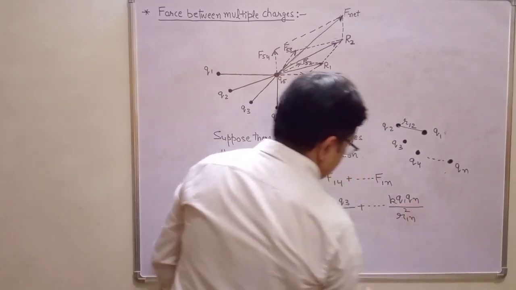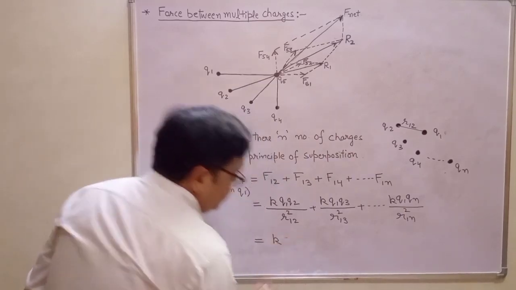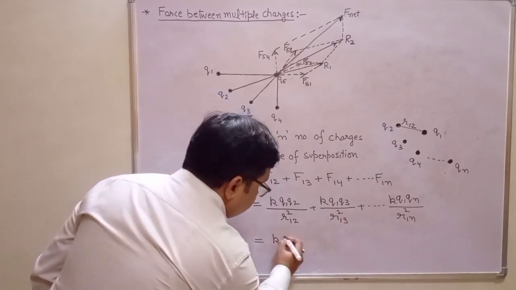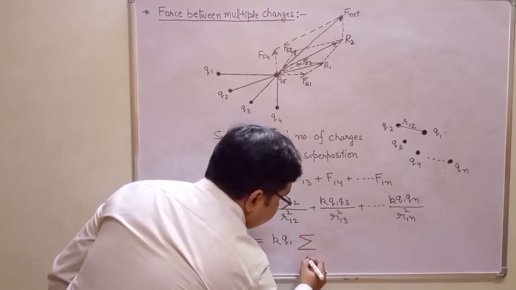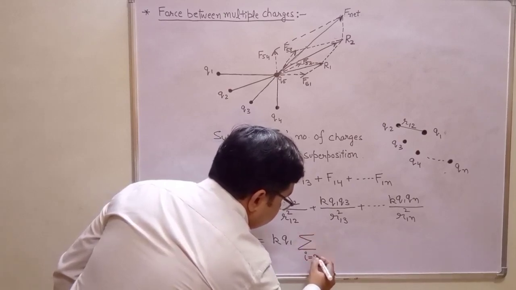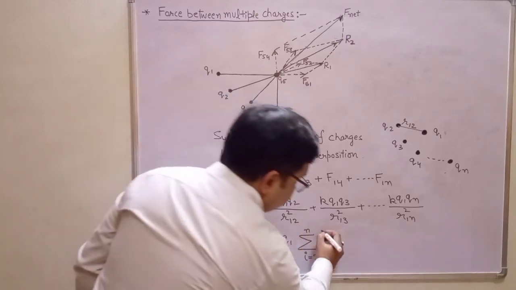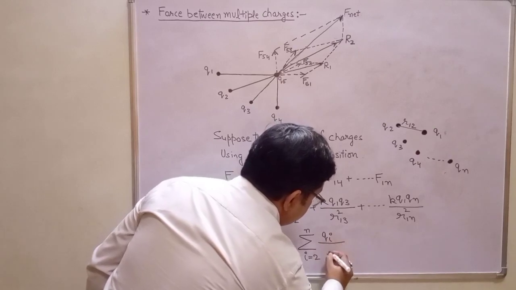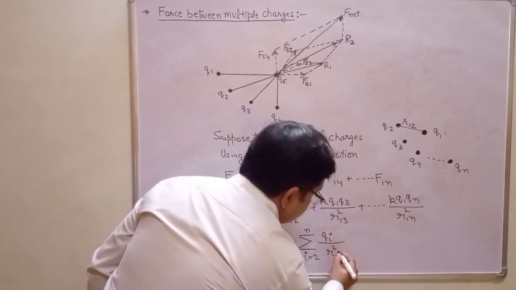over R1n square. So we can write it as: K we can take outside because it is common to all terms, and Q1 is also common to all terms. Use the summation sign, i starting from 2 till n. This will be Qi upon R1i square.